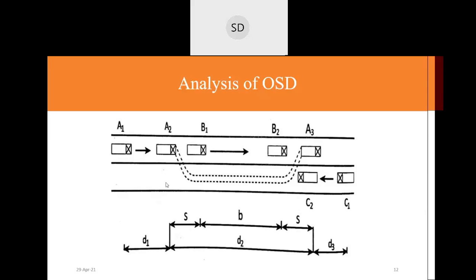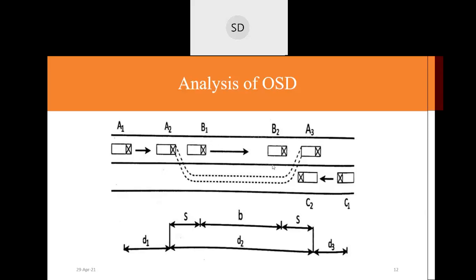Now during this overtaking operation, suppose the total time taken for vehicle A to move from position A2 to position A3 is capital T second. So capital T second is nothing but the actual time for the overtaking operation. During this capital T second, vehicle B is also moving from position B1 to position B2.